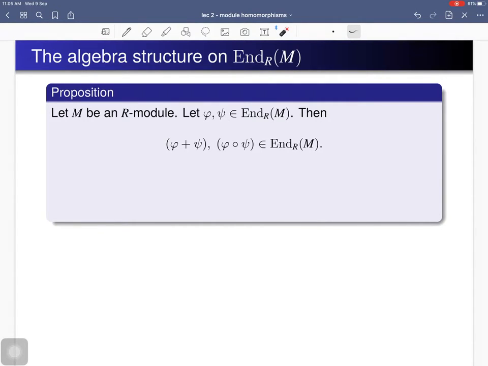So if you consider two endomorphisms phi and psi, then you can take their sum, and that is also an endomorphism. And this one is just the composition map. Okay, so you can verify that if both phi and psi are endomorphisms, that means module homomorphisms from M to itself, then their composition is also so.